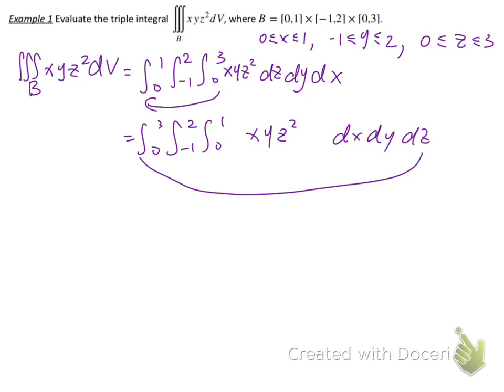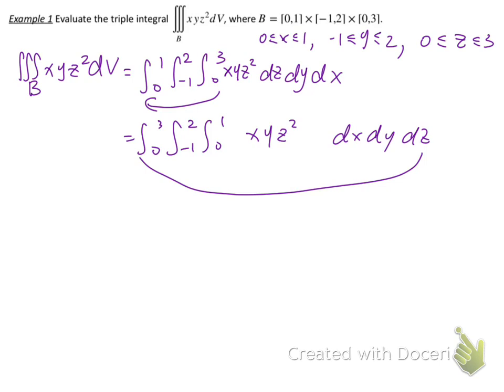You need to make sure the outer limit and the differential match, and then the inner and inner. Because it's a box, it actually doesn't matter which order you put dx, dy, and dz. And if you want to, you can separate the integral into the x, y, and z parts.